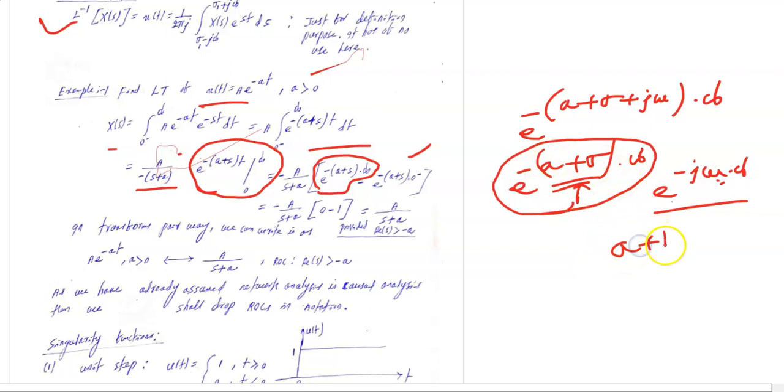That is, if a plus sigma is greater than 0, then this term will be 0.